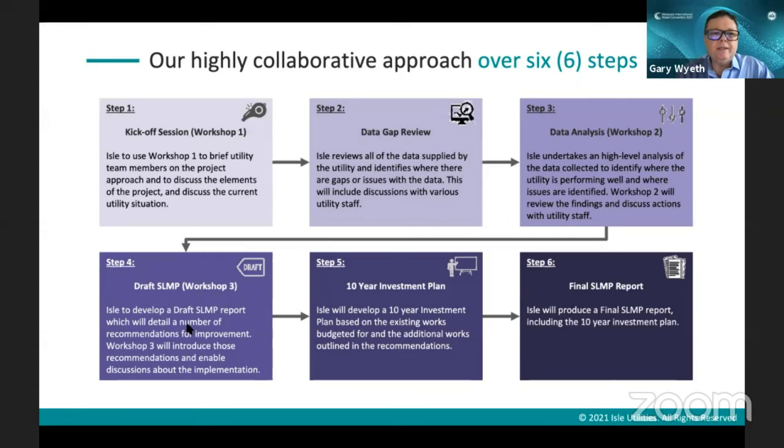Once we've finalized all of those recommendations, we then develop the 10-year investment plan and the cost-benefit analysis, and we finally produce a final SLMP report, which is handed over to the utility for them to review and probably build up to a board paper, which can then be used for investment.